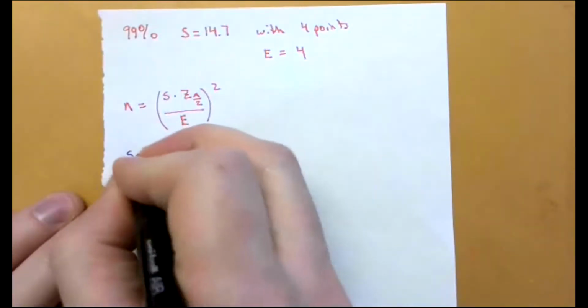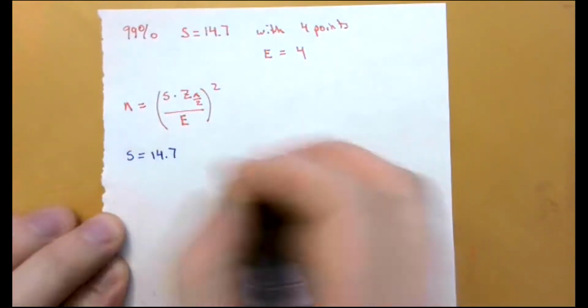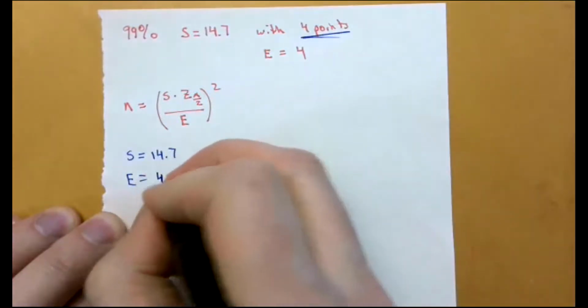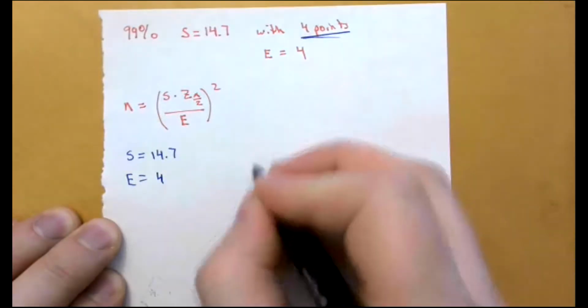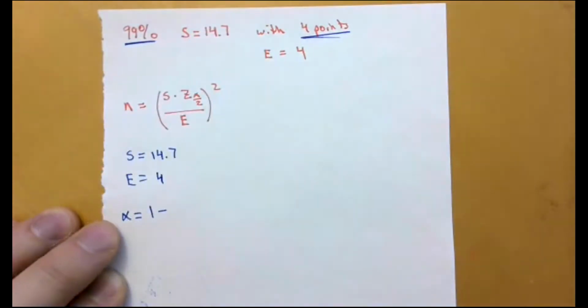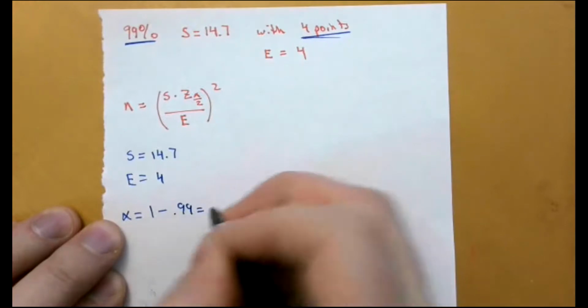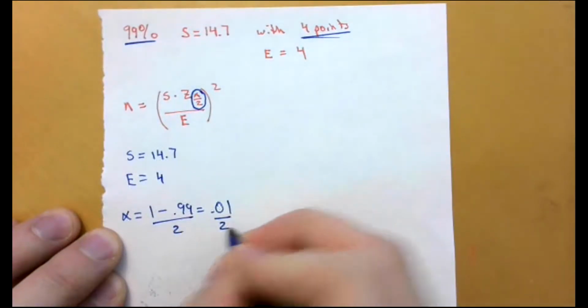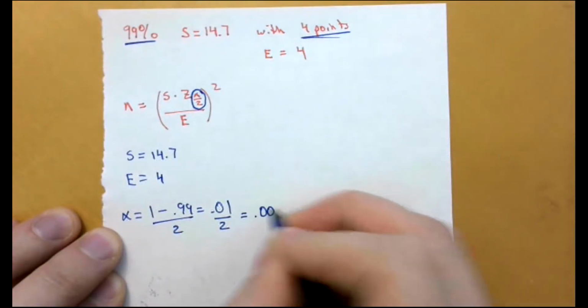They gave us S right off the bat. They gave us E, you just had to be careful and note that it was that 4. And then the alpha here is 1 minus the confidence level amount. So that's 0.01, but note we want half alpha. So we divide all that by 2 and you get 0.005.